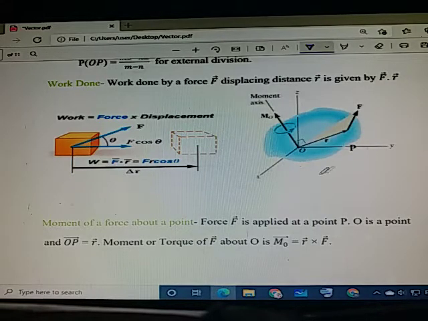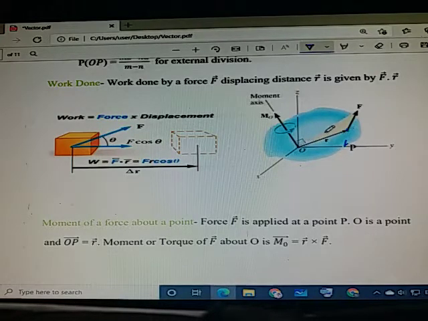And this one is the cross product application. When you apply a force at the point P, in this direction, we measure the moment about some point or some line. First you have to know the moment about a point, so O is the point.